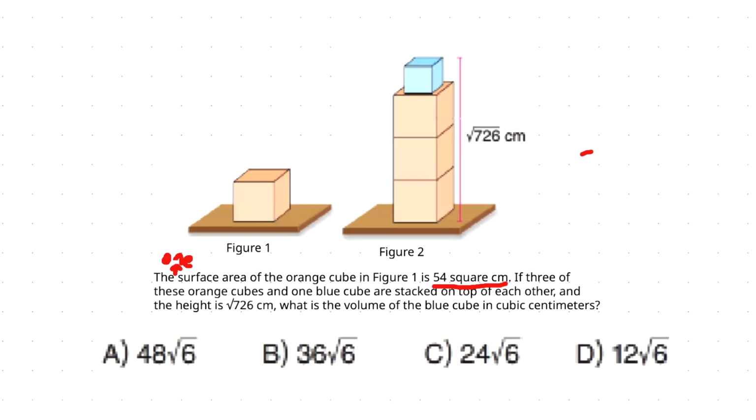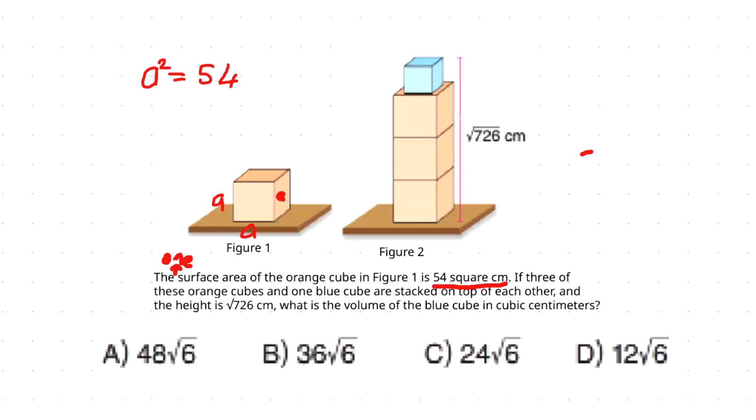Let's say this side is A, and let's say this side is also A. To find the surface area, you just multiply A times A, which is A squared. A squared is given as 54 square centimeters.